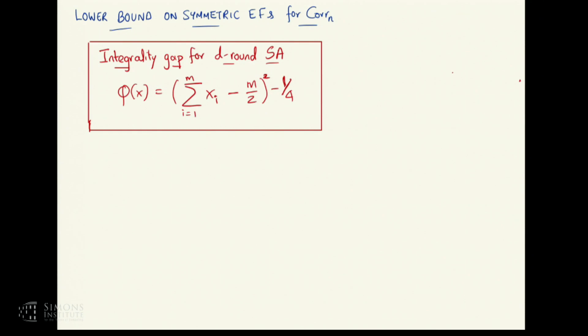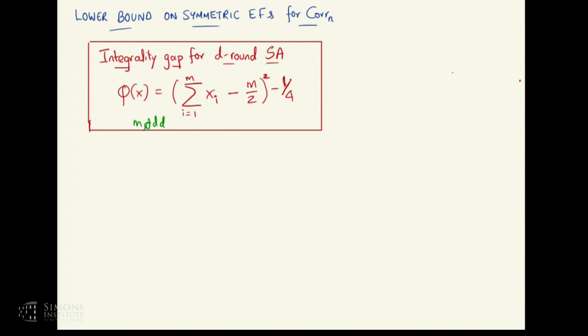So let's fix some function which Sherali-Adams cannot certify non-negativity of. And this is one of the very simple functions that you can use. You pick an odd number m, and you look at this function.